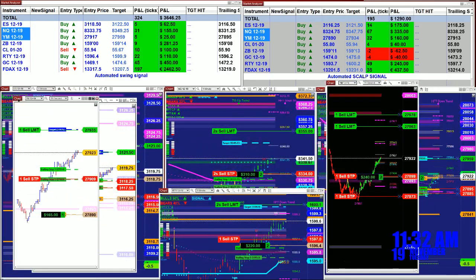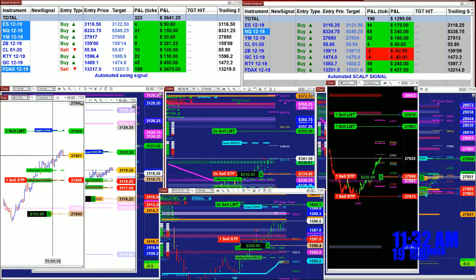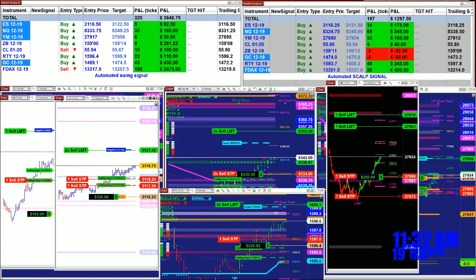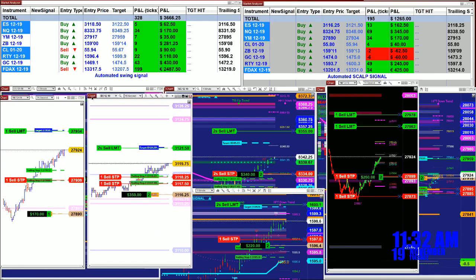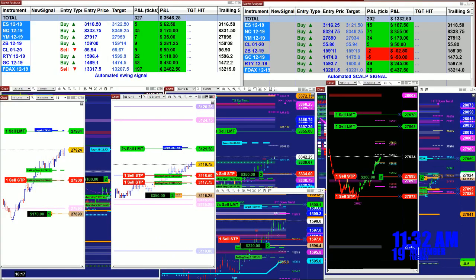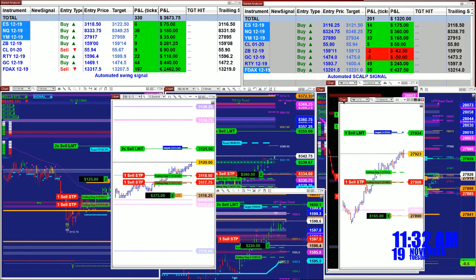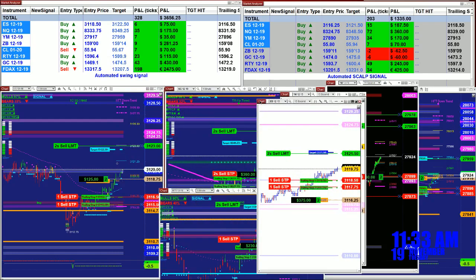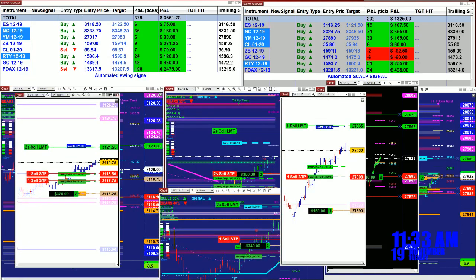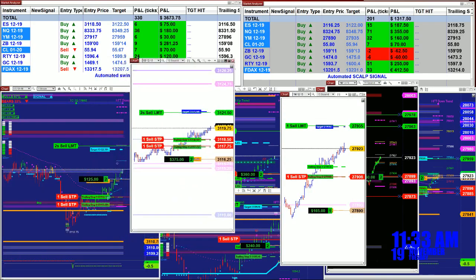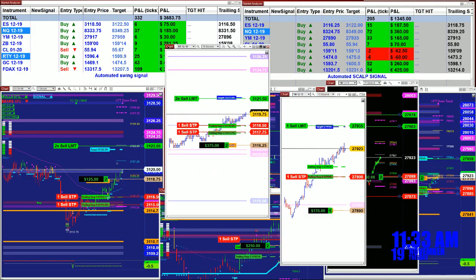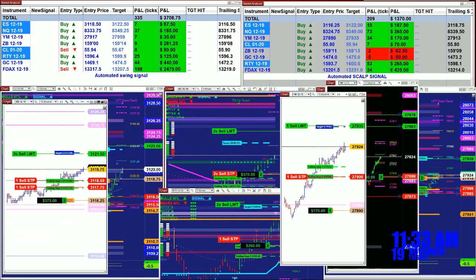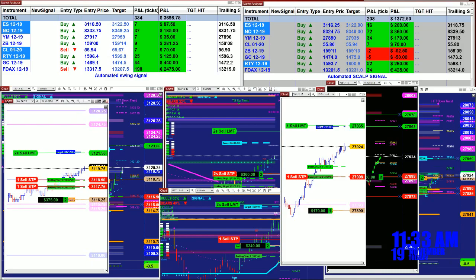And we have the YM taking a trade. ES taking a trade on the swing trading. And on the scalper, of course, because it's an early trade, it is much more on that one.